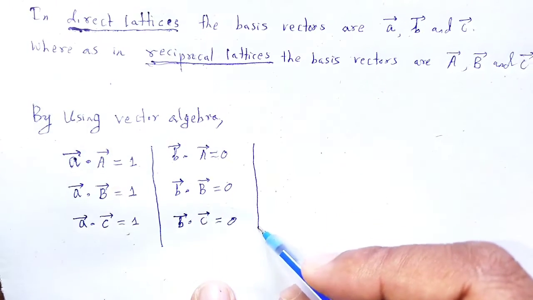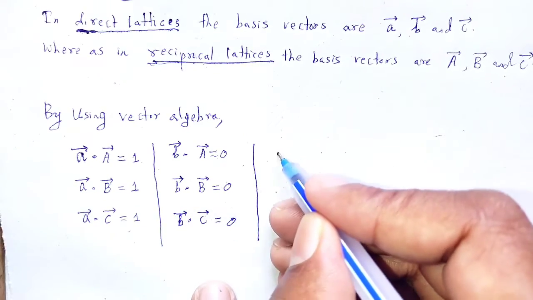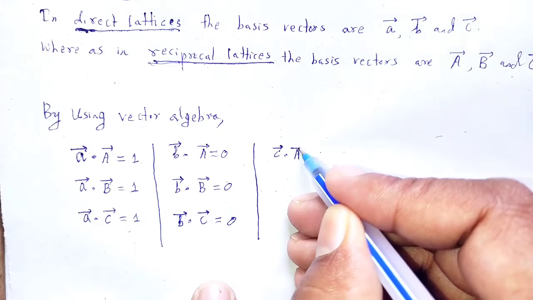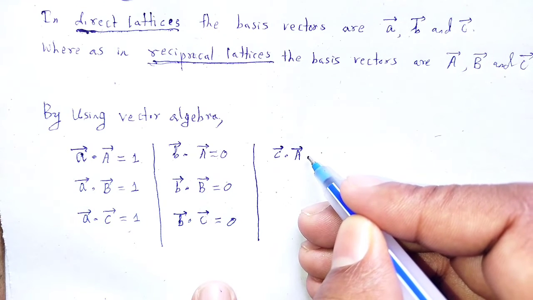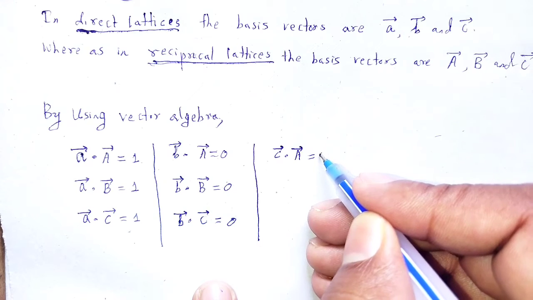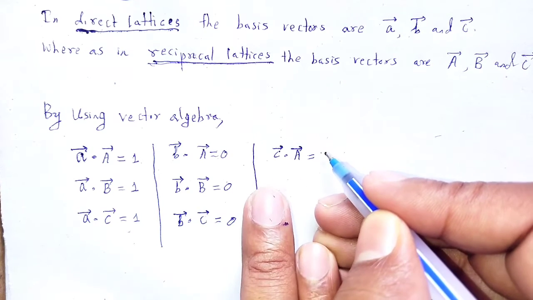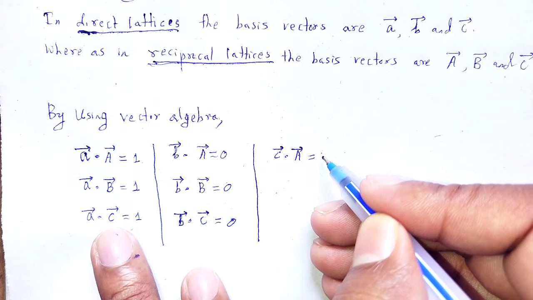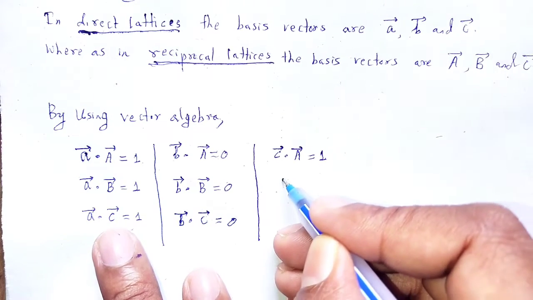Another set: c vector dot product with a vector. A dot c or c dot a, nothing will be changed.